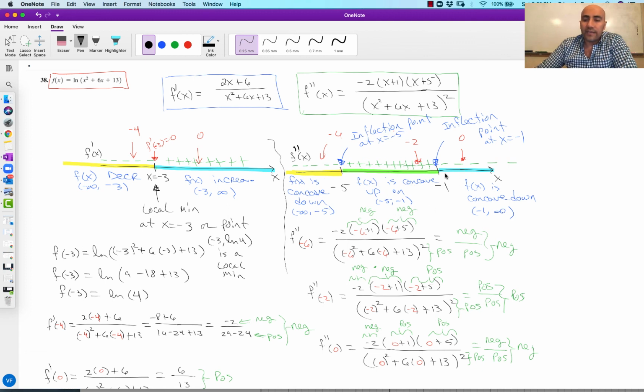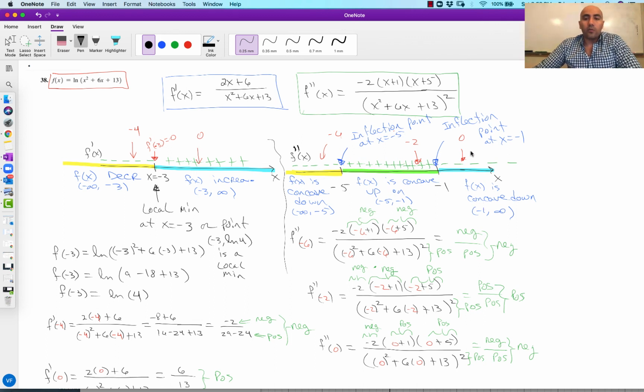Good. When the second derivative is negative, again, we know that the underlying function is concave down. So we know that f of x is concave down on negative infinity to negative 5. f of x is concave up on the interval between negative 5 and negative 1. And we know that f of x is concave down on the interval from negative 1 to positive infinity.